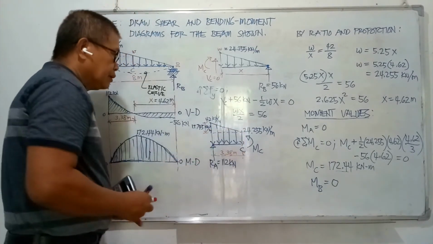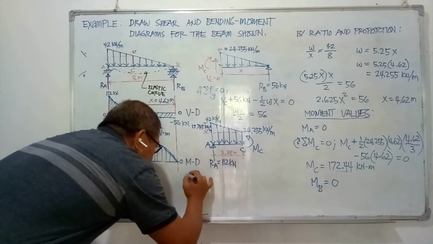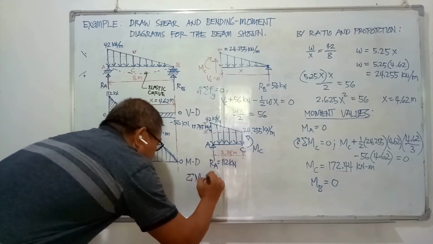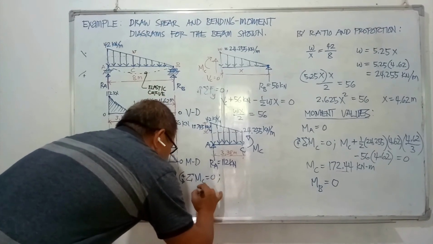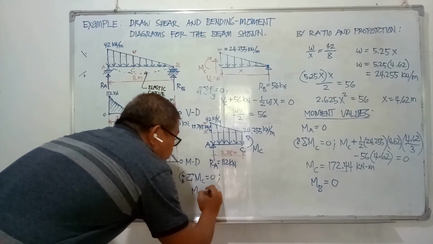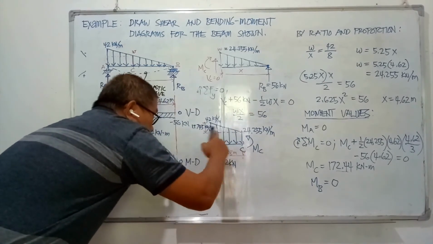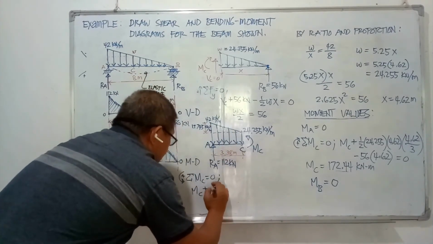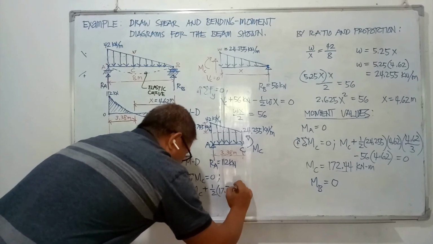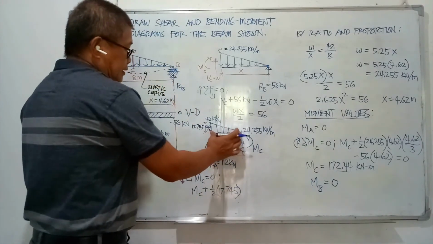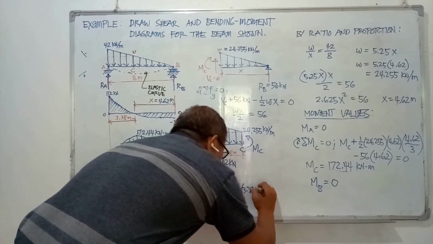So we sum moment at joint C equal to 0. We have counterclockwise positive, M sub C, plus the moment of the triangular portion of the loading, which is 1/2 times 17.745 kilonewtons per meter times the span of 3.38 meters.